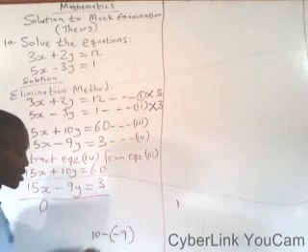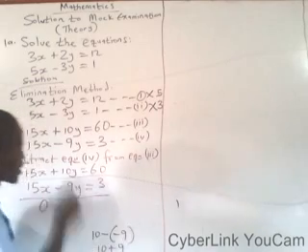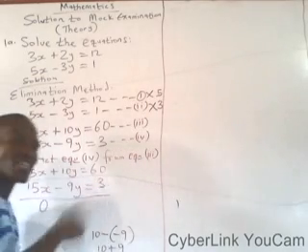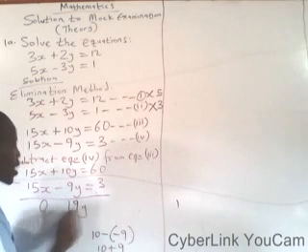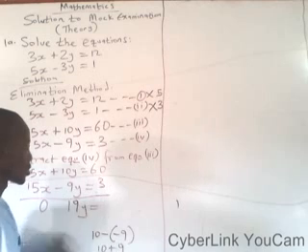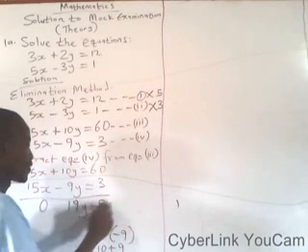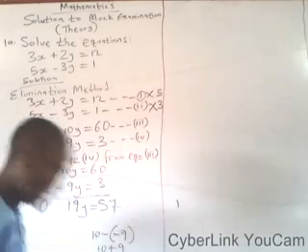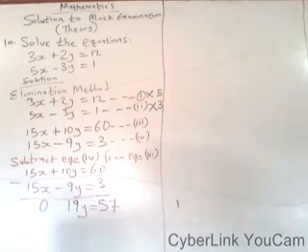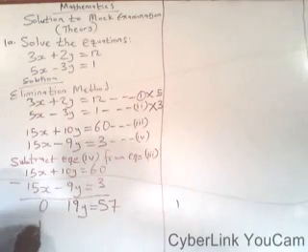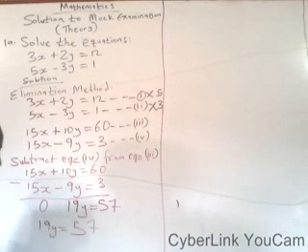Minus times minus will give us plus 9. That is why 10 plus 9 will give us 19y equals 60 minus 3. 60 minus 3 will give us 57. In that case, we are left with 19y equals 57.